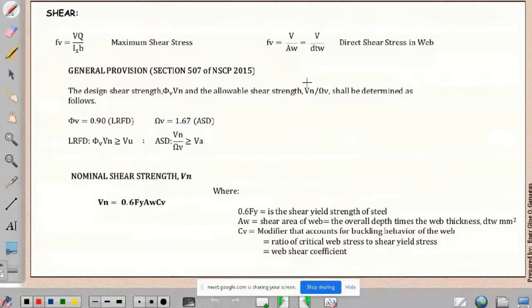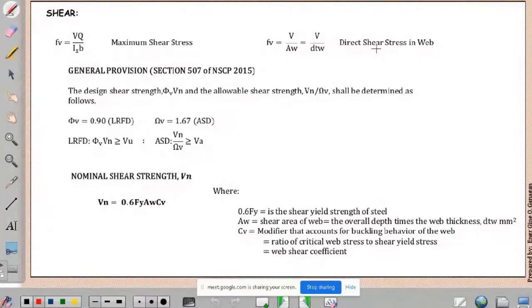So as we know, we have two types of shear stress being developed sa ating beam. Meron tayong tinatawag na vertical shear stress or yung tinatawag nating vertical direct shear stress, and meron din tayong tinatawag na horizontal shear stress. Okay?